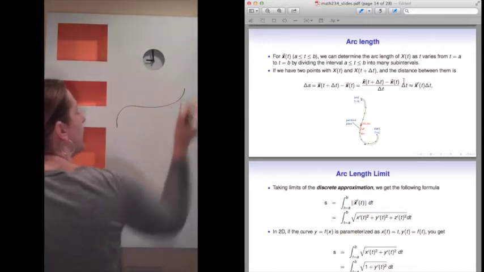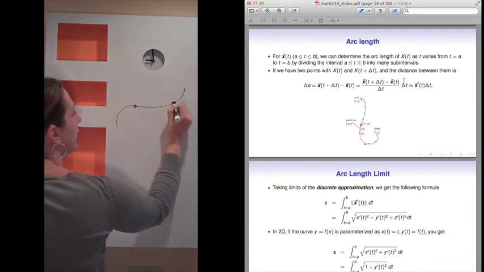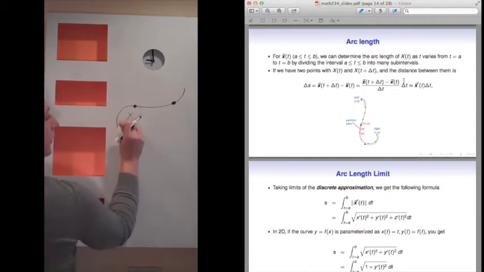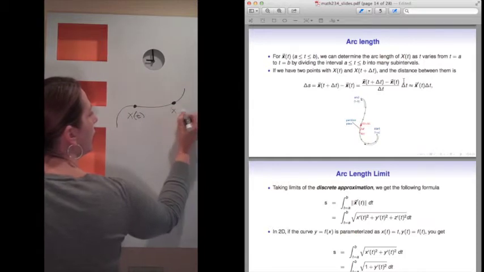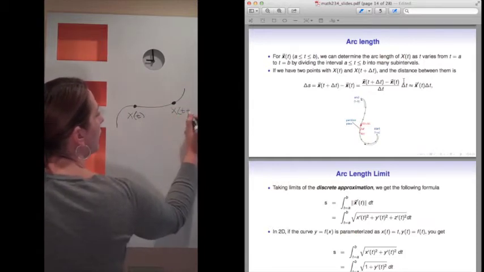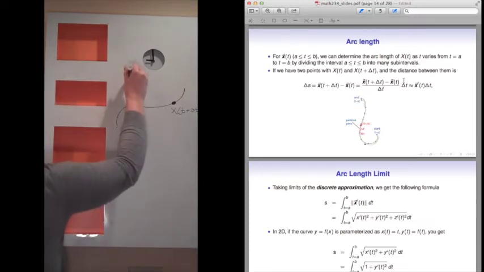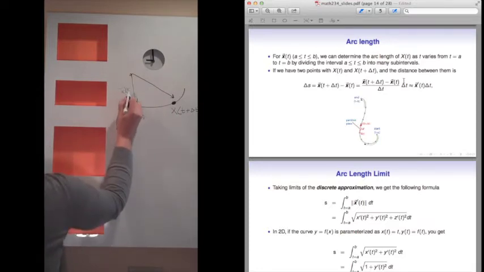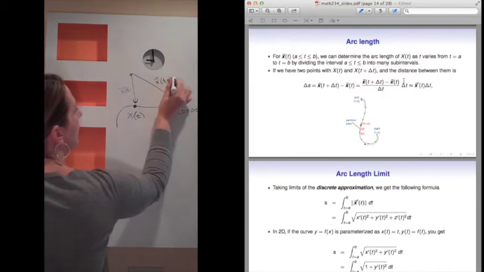Again, I'm going to draw my curve, right? And I'm going to pick 2 points on my curve here. So let's suppose this is a point, x of t, and this is a second point, and we'll say that's x of t plus delta t, right? And then, say if I pick my origin here, there are these position vectors, x of t and x of t plus delta t.